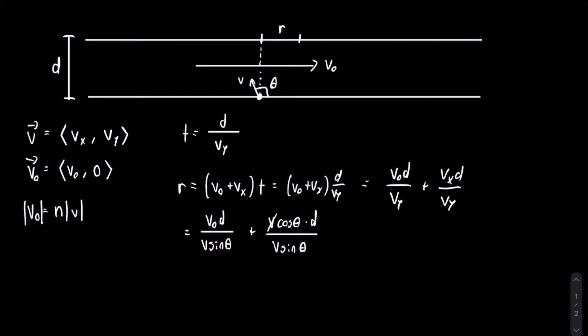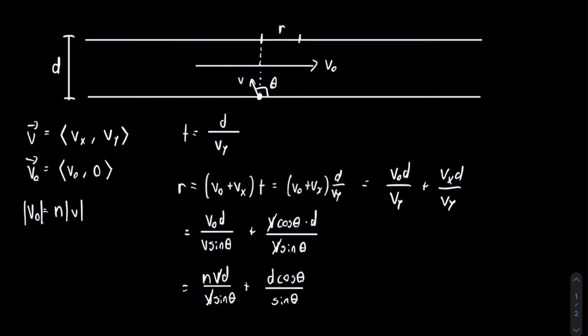So immediately you will see that the v's cancel out in the second term, but there is more simplifying that will happen. Remember that v naught is equal to n times v, so we can just make that replacement in the first term, and then we will see that there will be v's that cancel out. And then we can add that to d times cosine theta over sine theta.